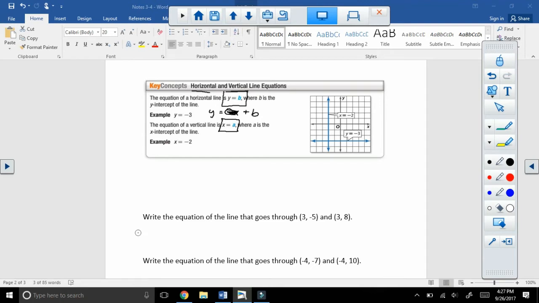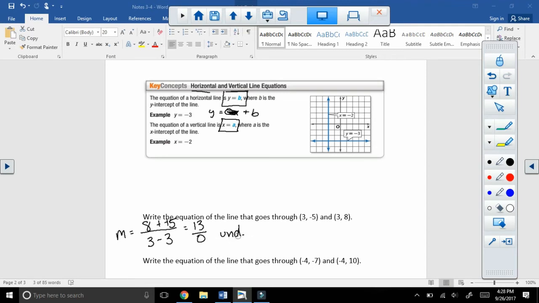So what I want to do first is I want to calculate what the slope is. So the slope is the difference of the y values, so 8 minus -5, and then 3 minus 3. When I add the opposite, this one ends up being 13 over 0, which is an undefined slope.